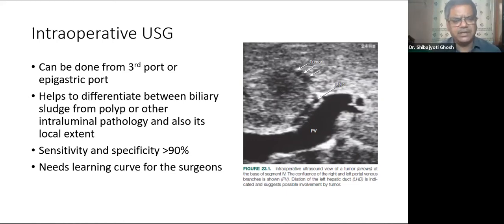So this has been about laparoscopic intraoperative ultrasonography. Even this can be used in open cases also, but it is very cumbersome, and it's not possible for surgeons unless we are trained in doing it.